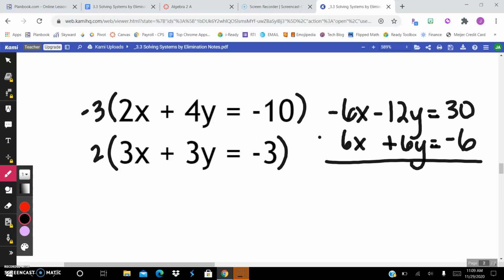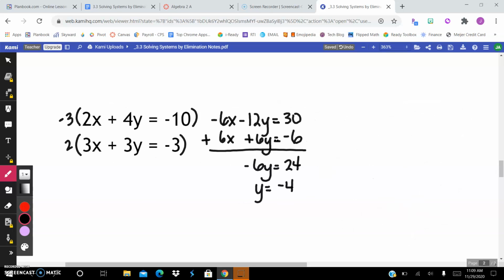So now we can add, and our x's would cancel. Negative 12 plus 6 would be negative 6y, and 30 plus negative 6 would be 24. And negative 6 times a negative 4 would give us the positive 24. So for our answer, y is negative 4.